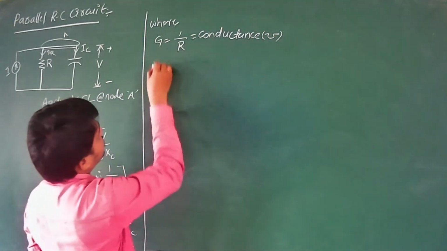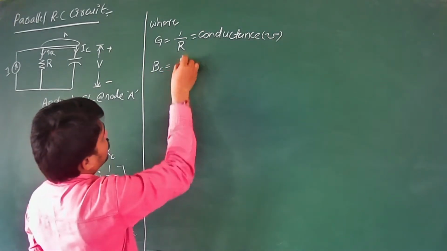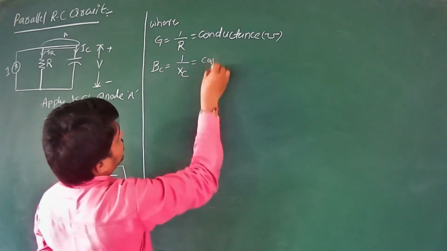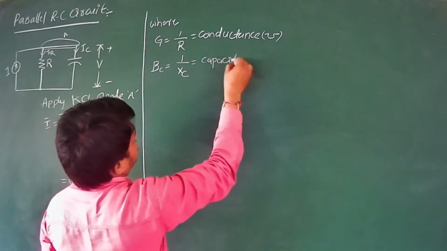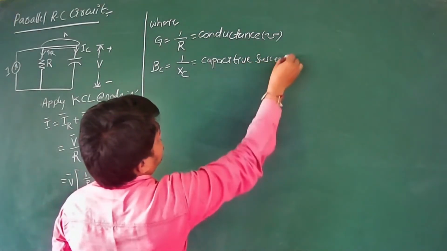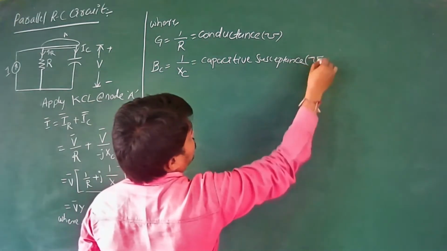Next, BC is nothing but 1 by XC, which is the capacitive susceptance. It is also measured in mhos.